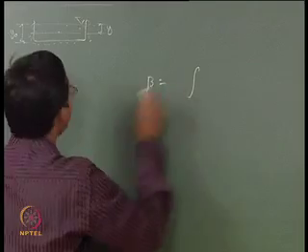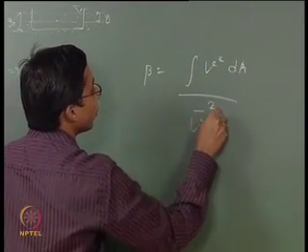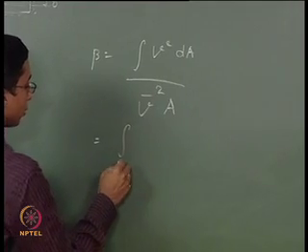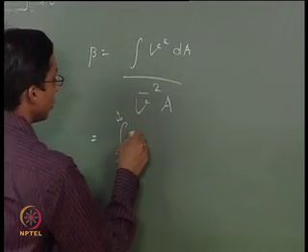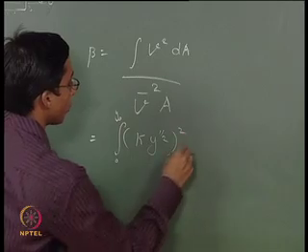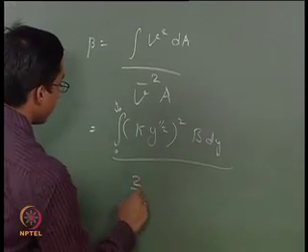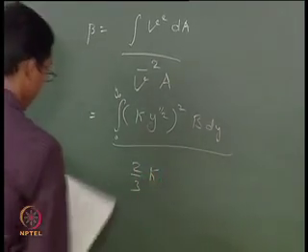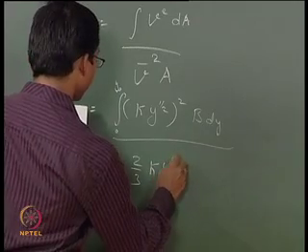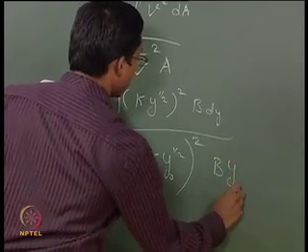Similarly, beta for this problem, you can compute this as integral v squared dA by average velocity squared into A. This is given as, again this ranges from 0 to y naught, k y to the power of half whole squared b dy divided by 2 by 3 k y naught to the power of half whole squared b y naught.